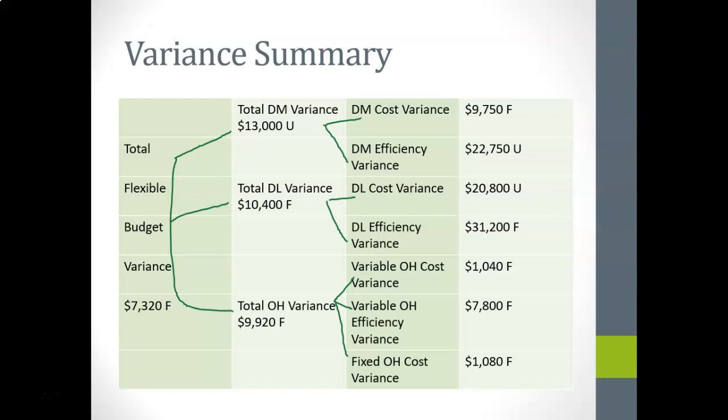This is a variance between the operating income of the flexible budget and the operating income of the actual. So our actual grand total operating income was $7,320 more than we thought it would be. Then we broke that down into direct materials, direct labor, and overhead. And then we further broke that down to analyze exactly what is making up all these variances.